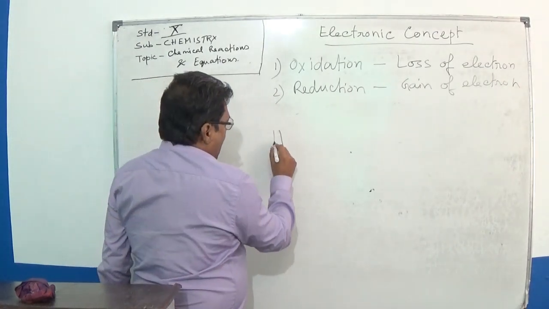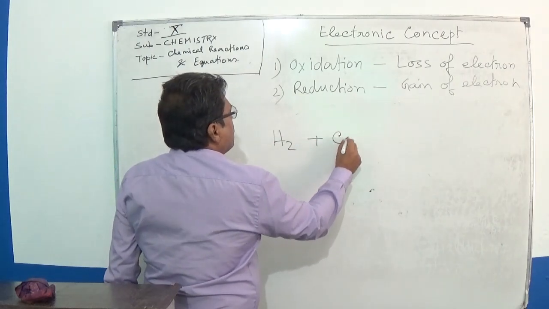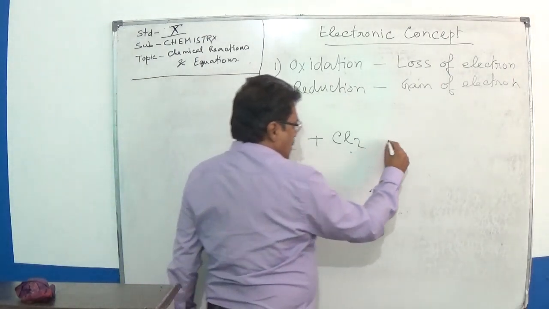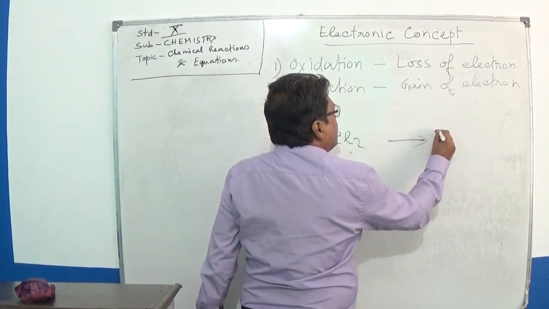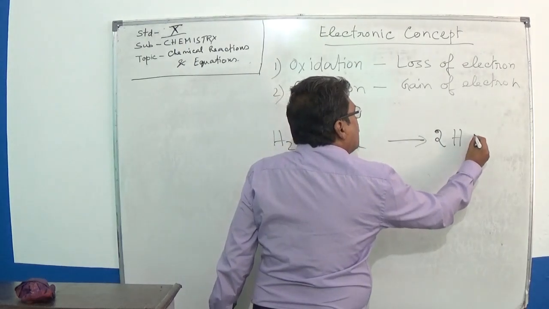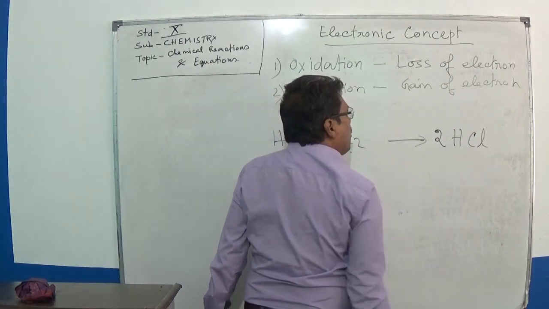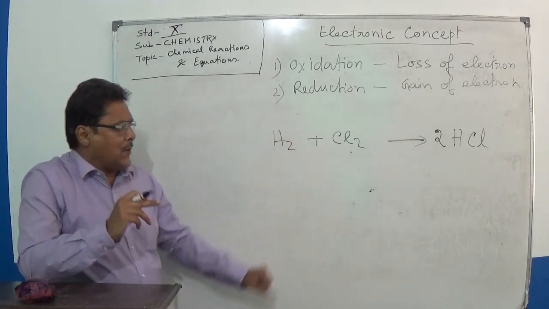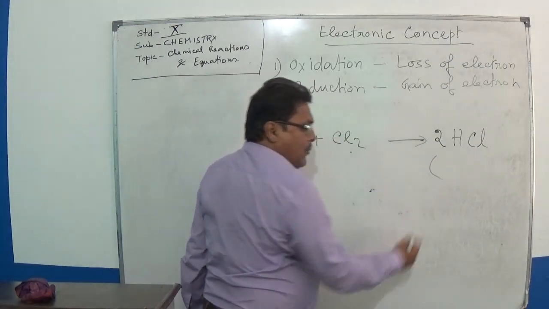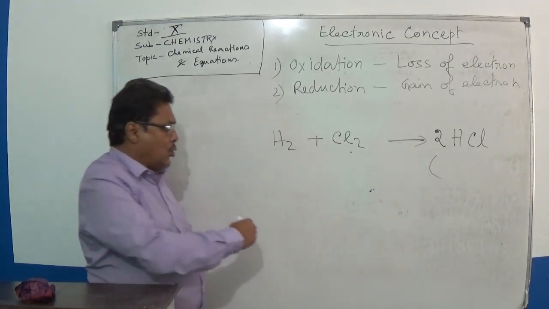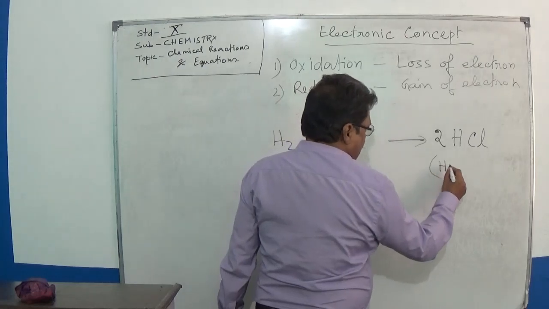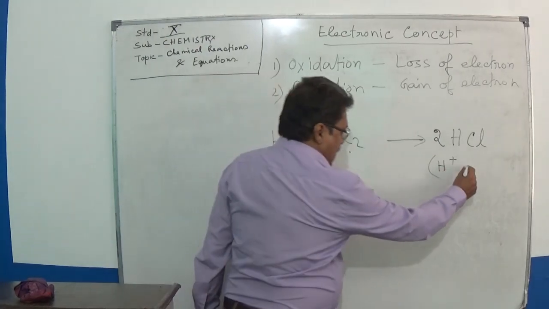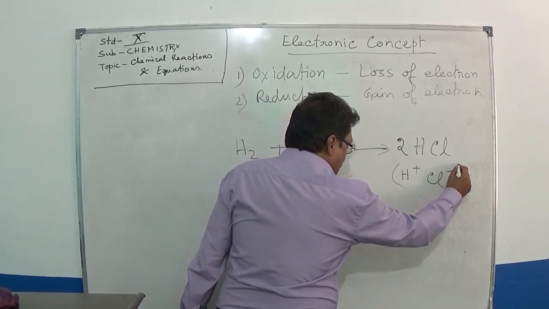We are taking 2 gases, hydrogen gas and chlorine gas, to form 2 molecules of hydrogen chloride, commonly known as hydrochloric acid. In this, it's very simple. In the ionic formation, actually hydrogen is a +1 ion and chlorine is -1.